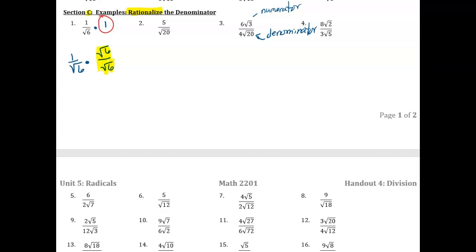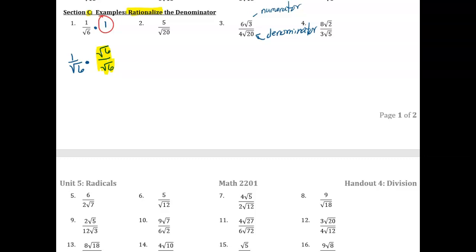We've taken this root 6, made it a fraction with a numerator and denominator. So how's this multiplying by 1? Because root 6 divided by root 6, same number divided by itself, is just 1. So you haven't changed the question. Mathematically, the question is still 1 over root 6, or the expression.